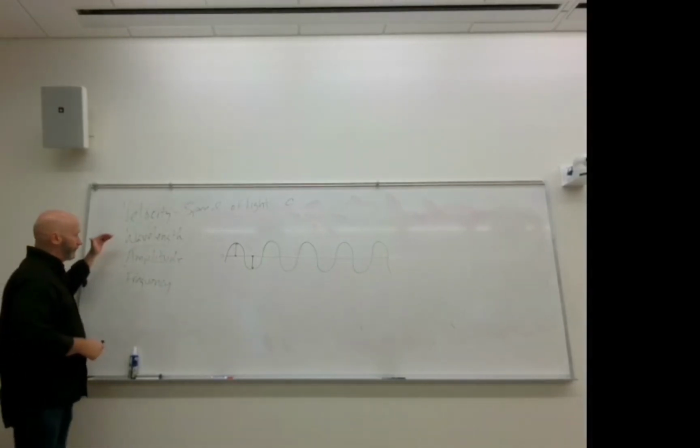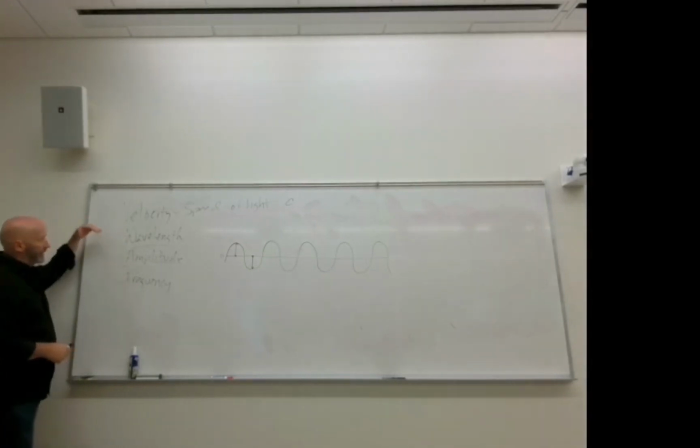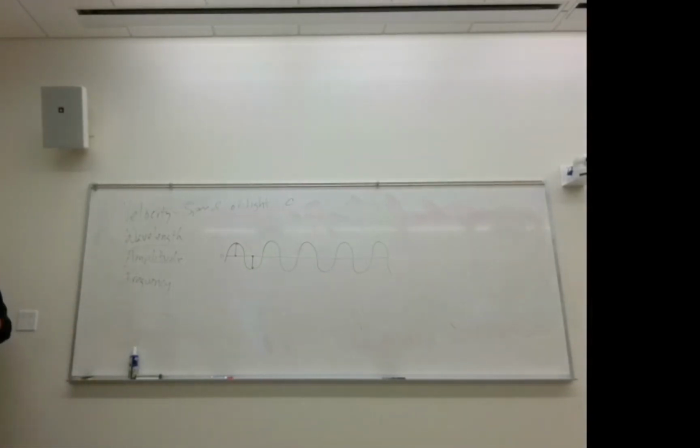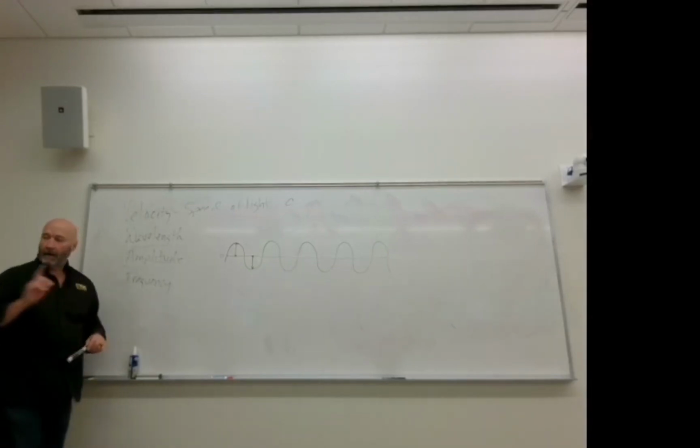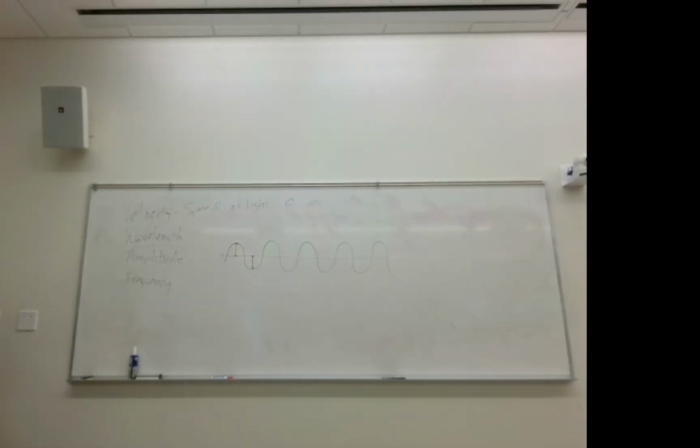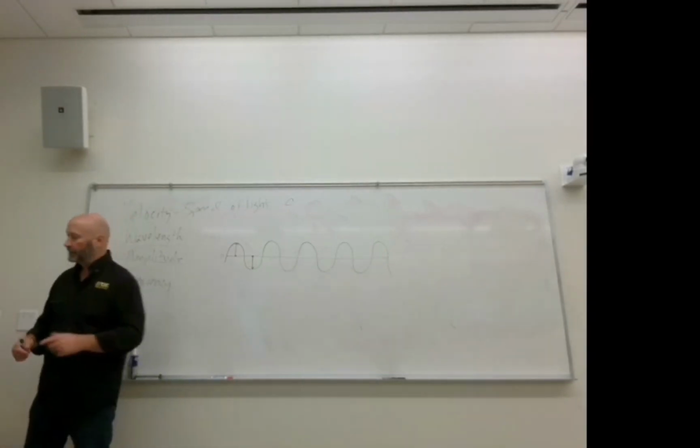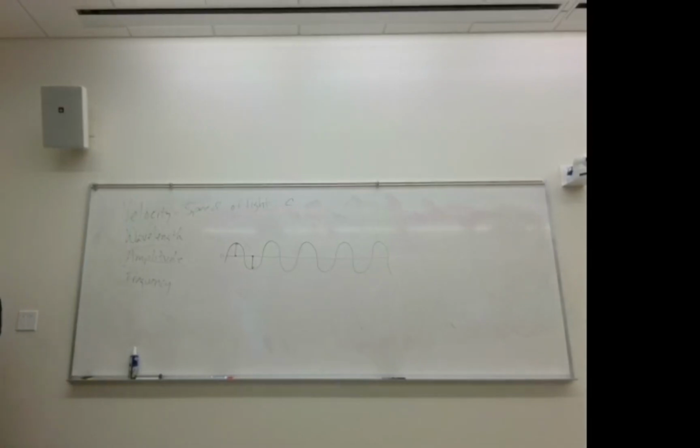Okay, so frequency and wavelength and velocity. Velocity is constant. We already established that. Now I want you to look at the wave equation on page 58. And look at the words, really, because if you look at the formula, it might scare you.